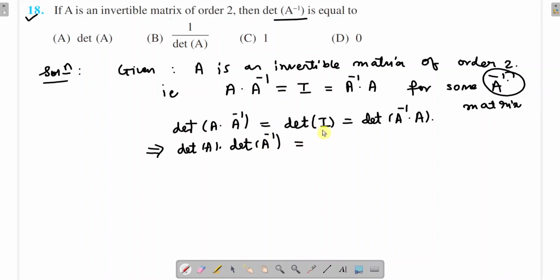This will be equal to determinant of I, which is 1, and this will be equal to determinant of A inverse times determinant of A.